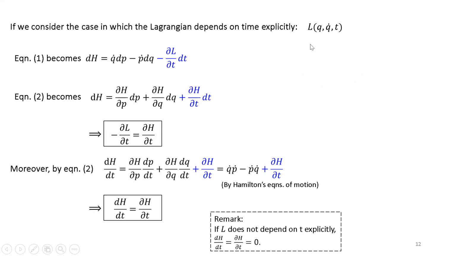Here, if it depends on q dot and also t, you have to consider one additional term over here. And from here, you conclude that the partial derivative of L with respect to time is equal to the partial derivative of the Hamiltonian with respect to time, just off by a minus sign.